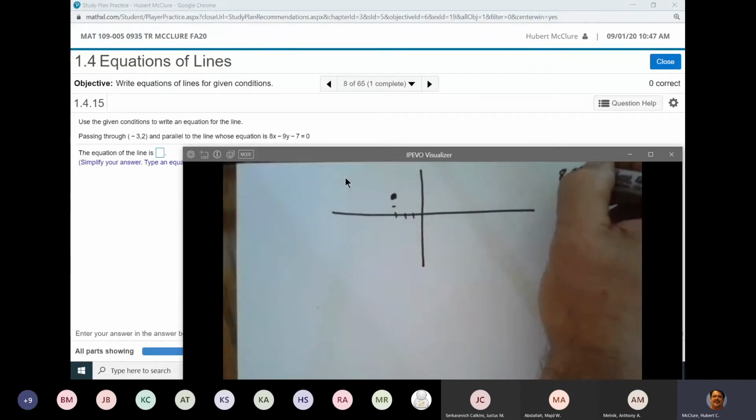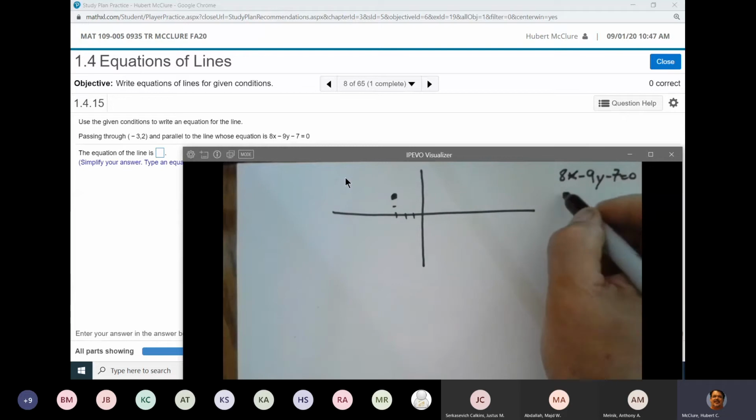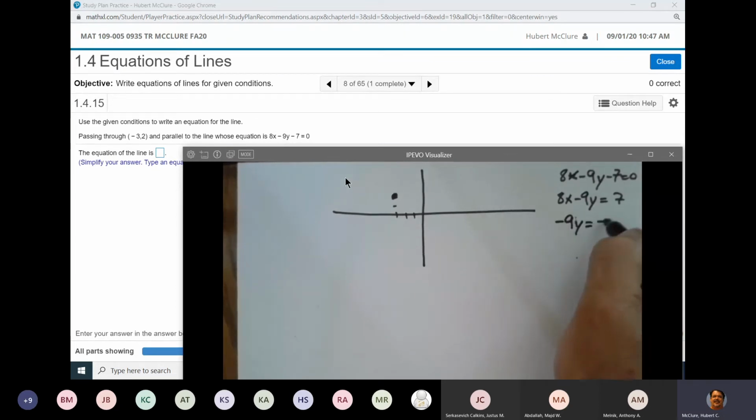So 8x minus 9y minus 7 is equal to 0. 8x minus 9y is equal to 7. Negative 9y is equal to -8x plus 7.